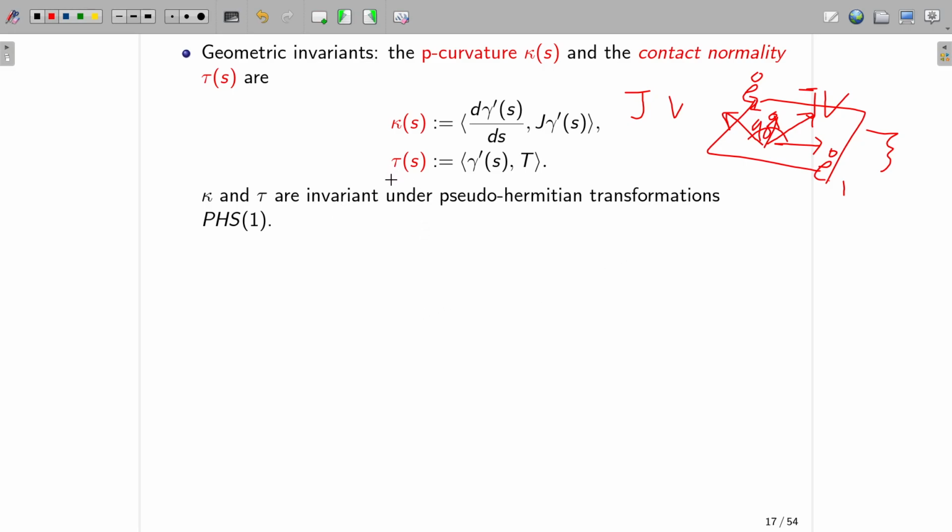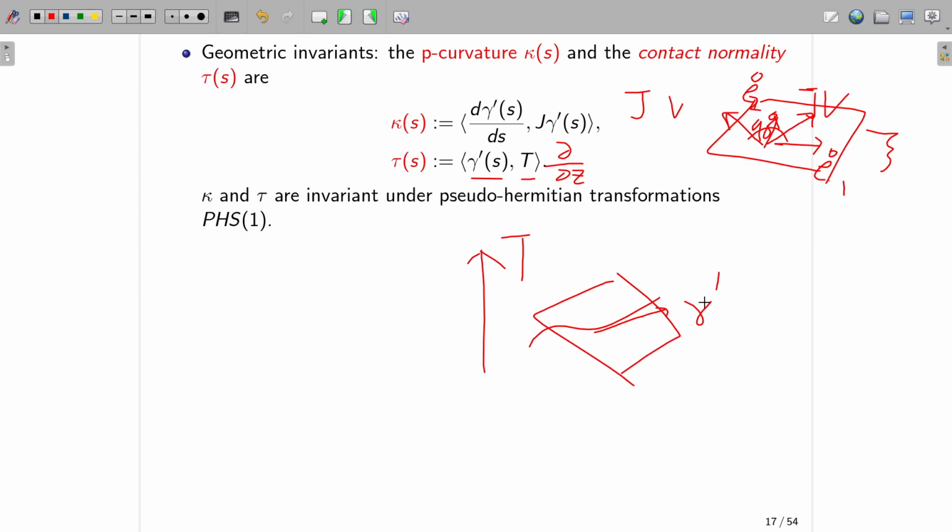The second geometric invariant is called the contact normality, which measures how far the tangent is away from the z direction. T means the z direction, right? So we have T here, and we have a curve and the tangent of the curve. If gamma is horizontal, then the tangent is on the contact plane.